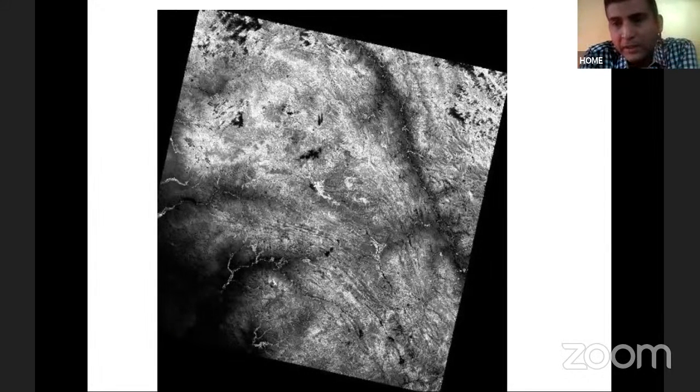Wherever there are gray patches, that is also vegetation, but some other category of vegetation, maybe grasses, maybe shrubs, but black indicates dense forest. Okay. So in the last slide forest was white, in this one forest is black.